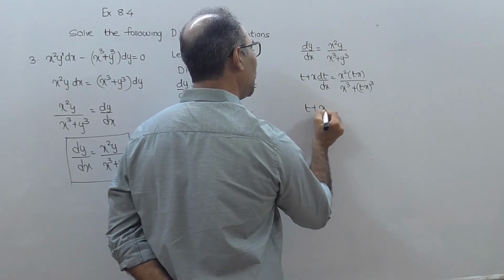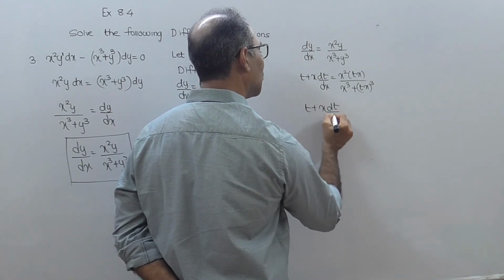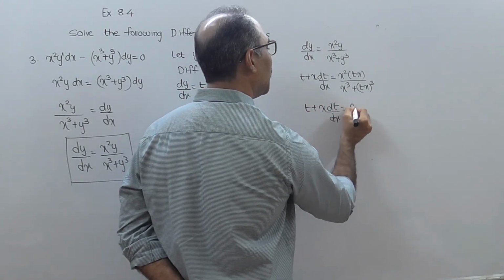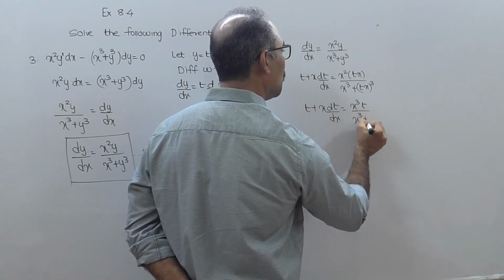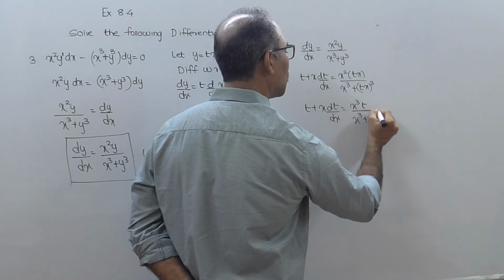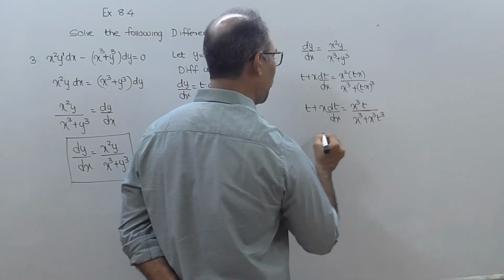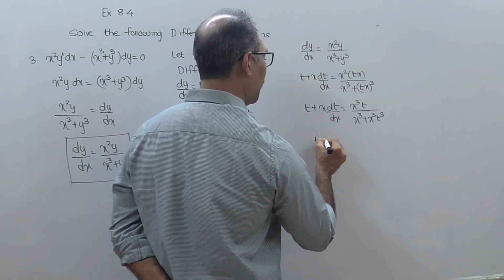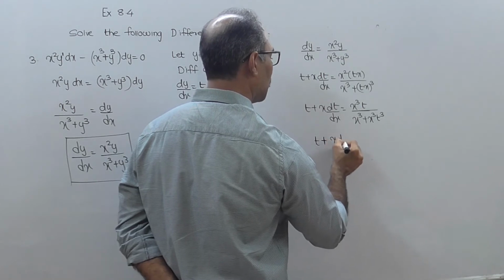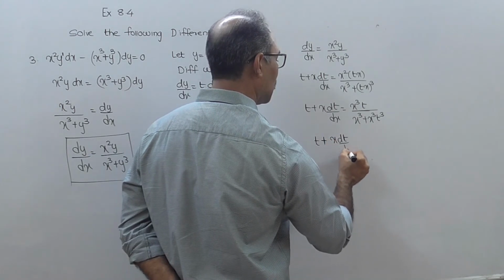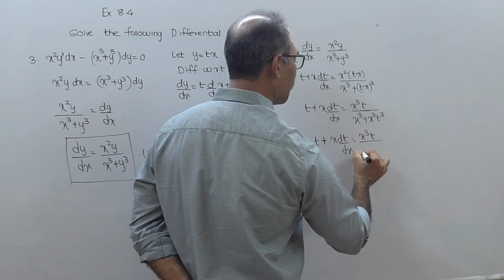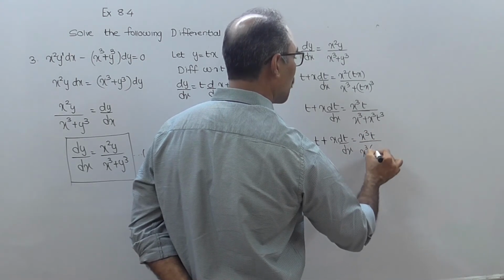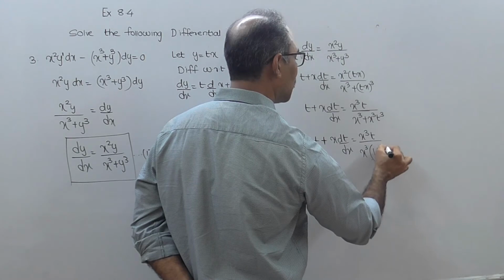So I will say that t plus x dt by dx equal to x cube t upon x cube plus x cube t cube. So we get t plus x dt by dx equals x cube t, take x cube common, you get 1 plus t cube.